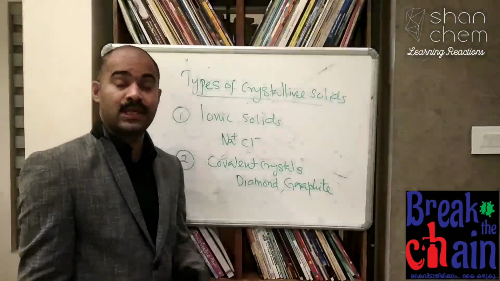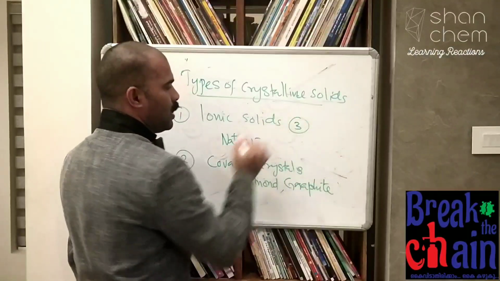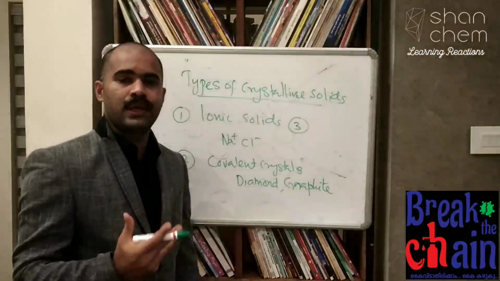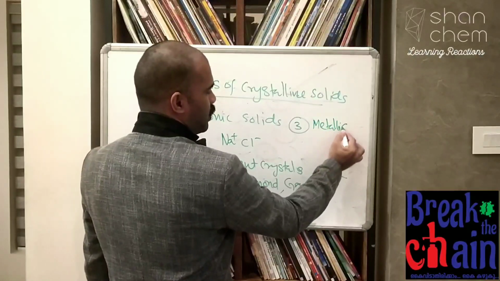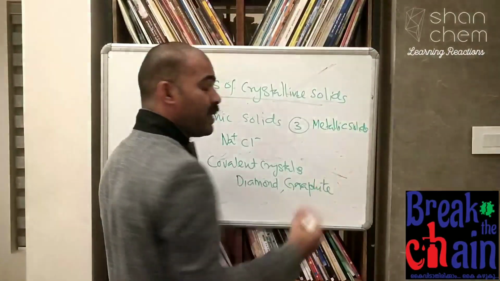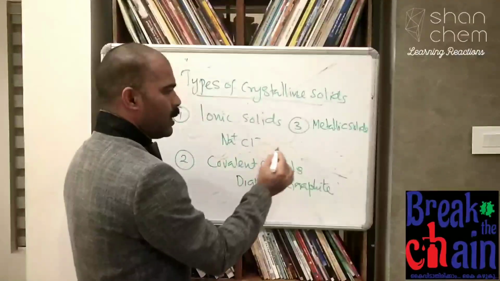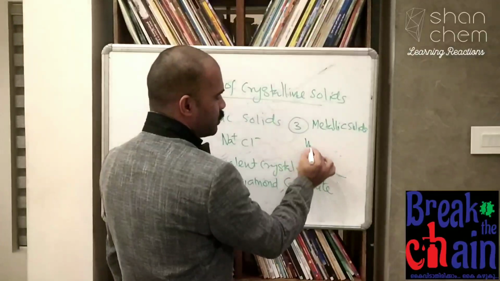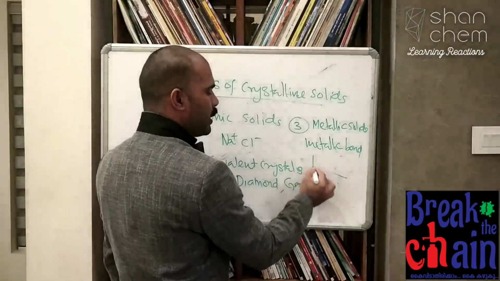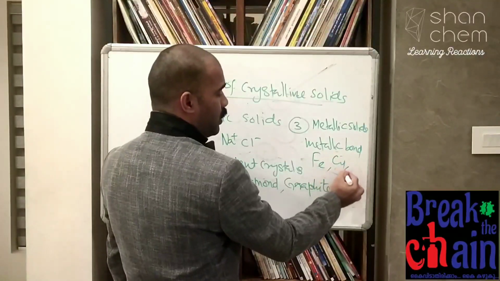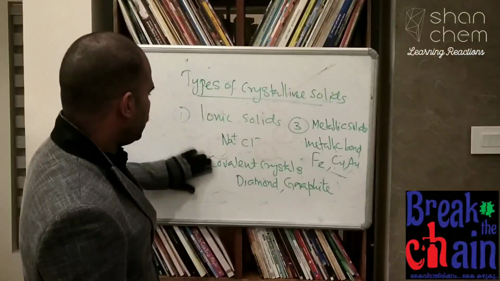They are also called network solids. Then the third one is called metallic solids. All metals are included in this type. The attractive force will be the metallic bond. Examples: iron, copper, gold, etc.